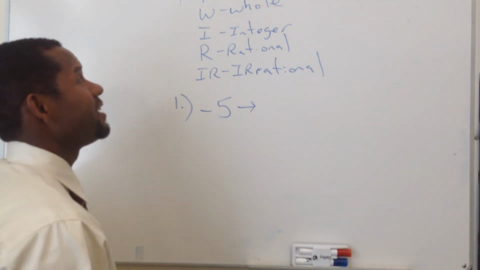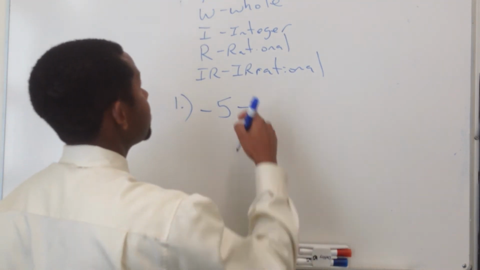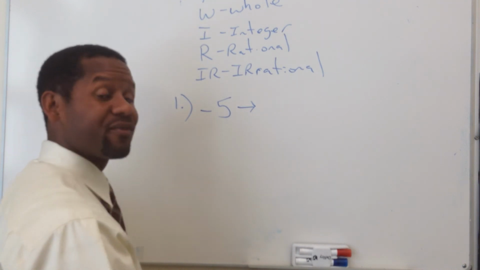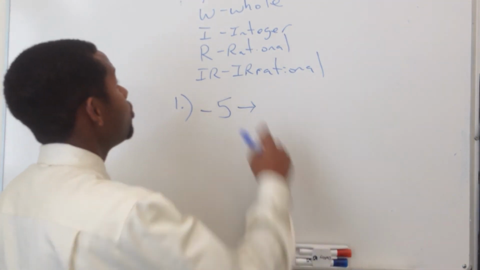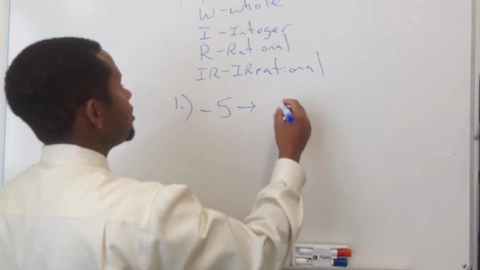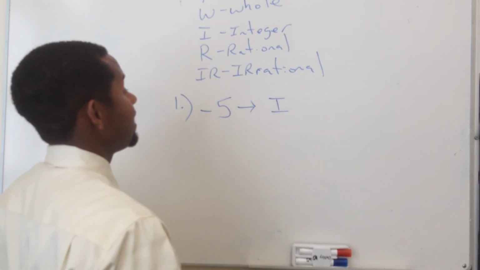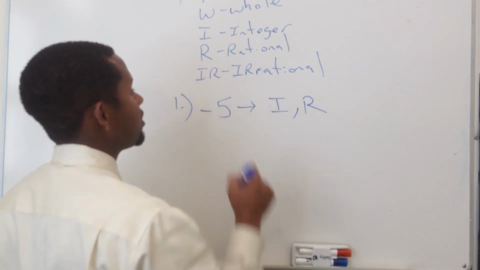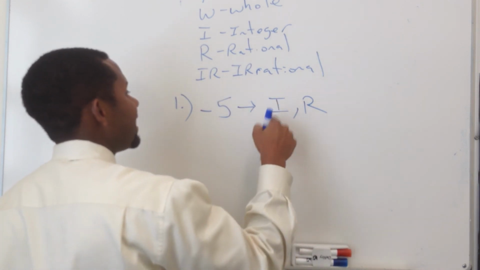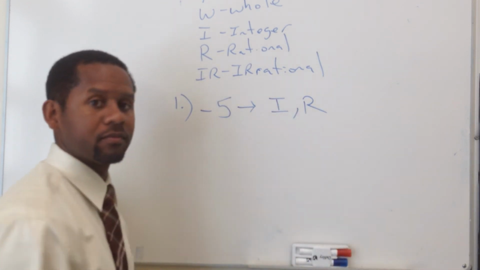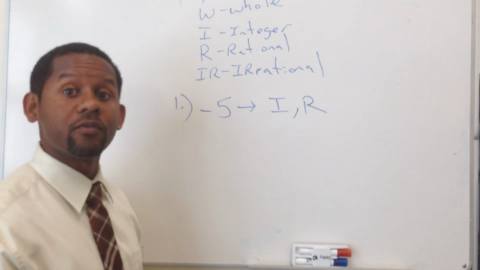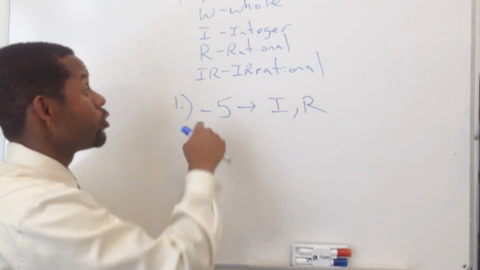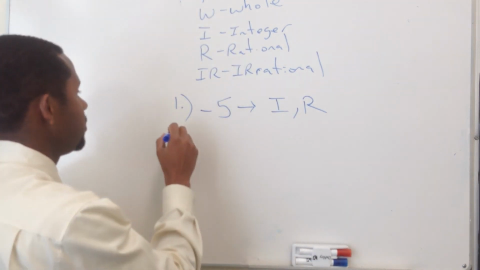Is -5 natural? Nope, so I'm not going to put it in. Is -5 a whole number? Nope. Is -5 an integer? Yes. Is -5 rational? Yes. Is -5 irrational? No. So -5 is an integer and it's rational. That's what you're going to do for all the rest of these. Give me all the groups that the number belongs to.